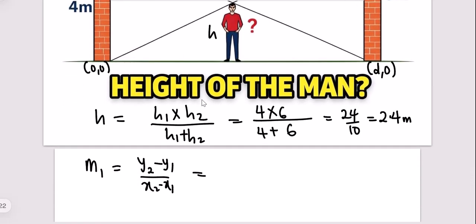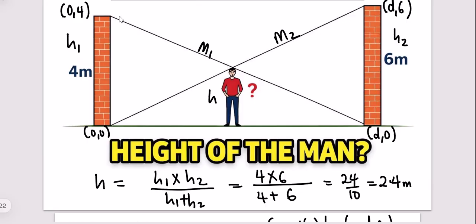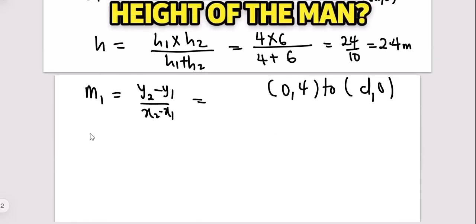So going with this example here, the first coordinate I'm going to be using is 0, 4 to d, 0. That is, I'm considering the first slope here, this slope. And here, I'm going to have my m1 as 0 minus 4, or you can put it this way, either way.